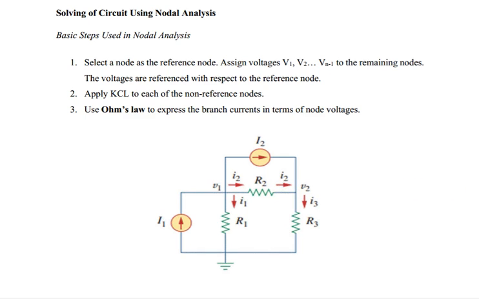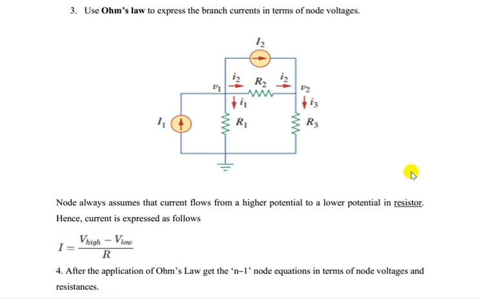For that we use simple Ohm's law to express the branch currents in terms of node voltages. How can we find the branch current? According to Ohm's law, V equals IR, so I equals V by R. So we can write I equals V high minus V low divided by R, that is applying Ohm's law.